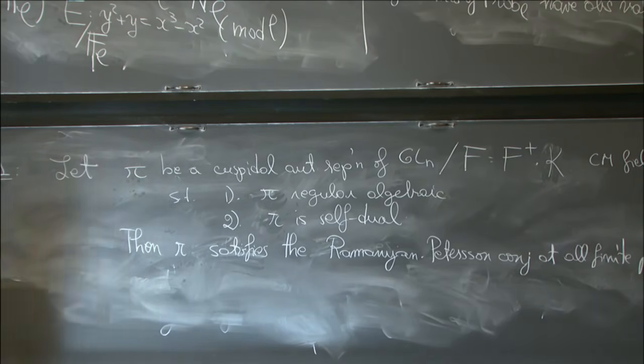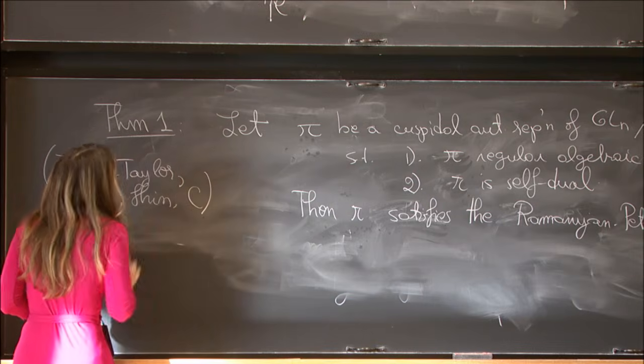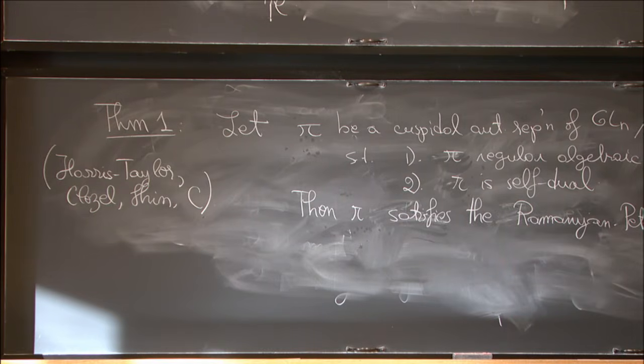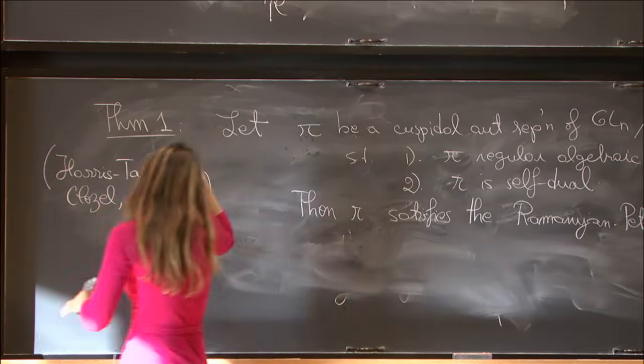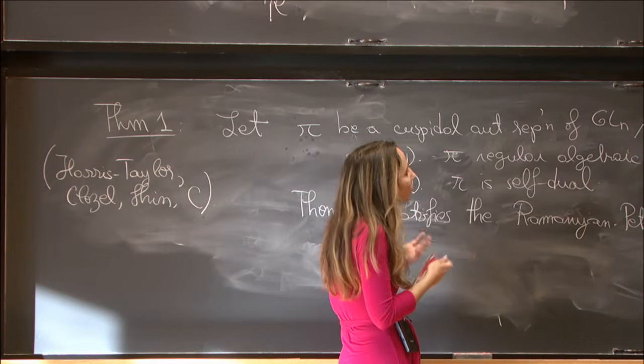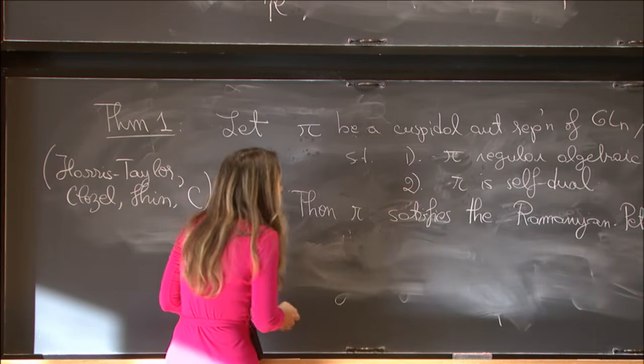And I'll say that in this generality, using this kind of template in the case of the modular form f, but using unitary Shimura varieties, this was proved by Harris-Taylor and Clozel, Shin, and one last case was done in my thesis. That's something that we know how to do for this direct generalization of a notion of a modular form.